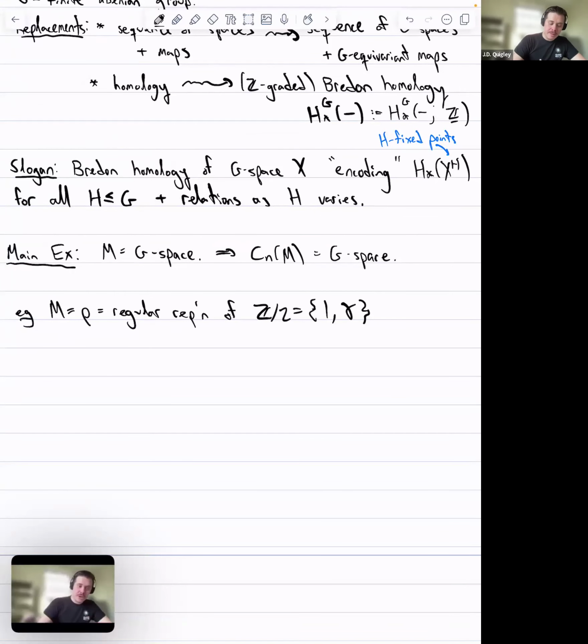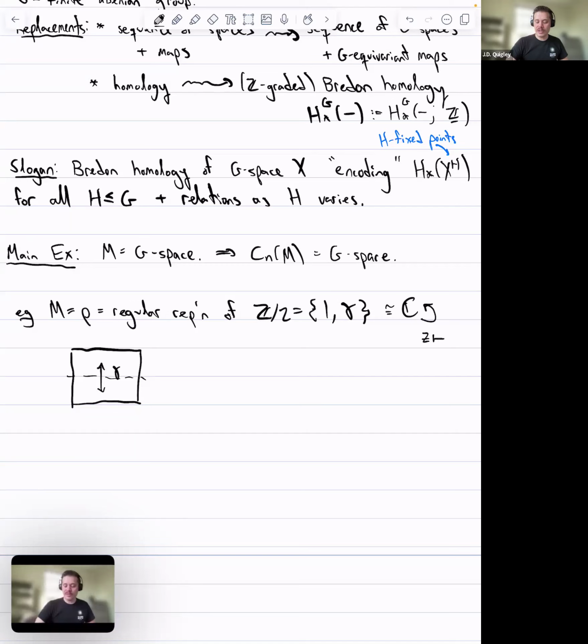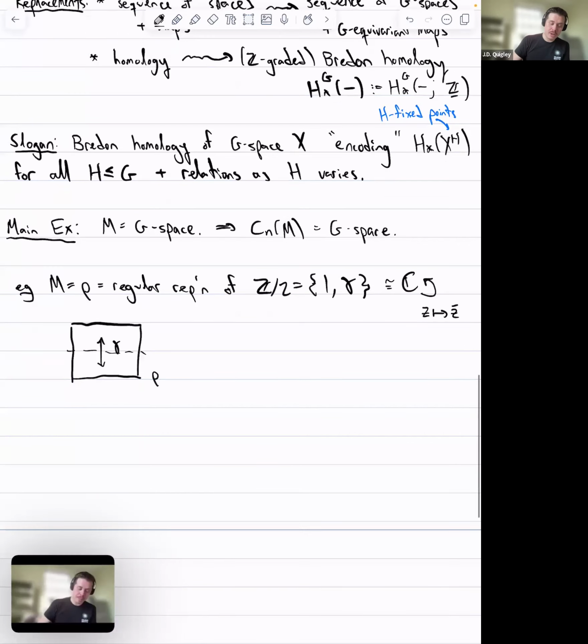And so I'll draw M as a little complex plane. And the action of gamma flips across the horizontal axis. So if I think of this as being modeled by the complex numbers, then the action is given by z goes to z bar. Okay. So this is my rho.